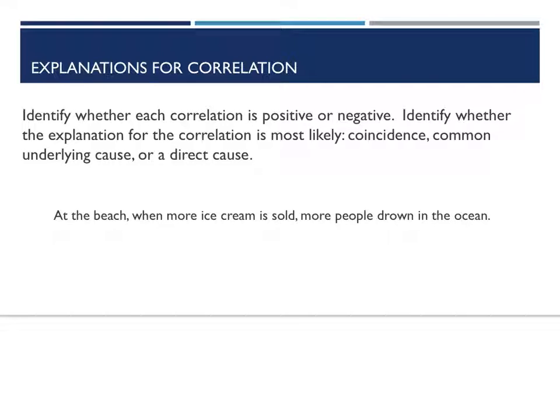First, we're going to read the correlation and decide whether the correlation is positive or negative. No arguing with whether it's true or not, just is it a positive or negative relationship. At the beach, when more ice cream is sold, more people drown. More ice cream, more people drown. That's an increase and an increase.